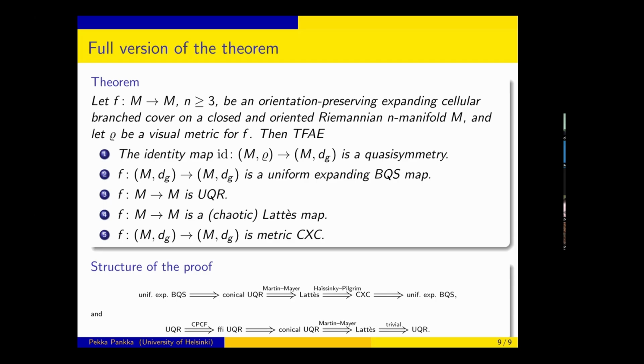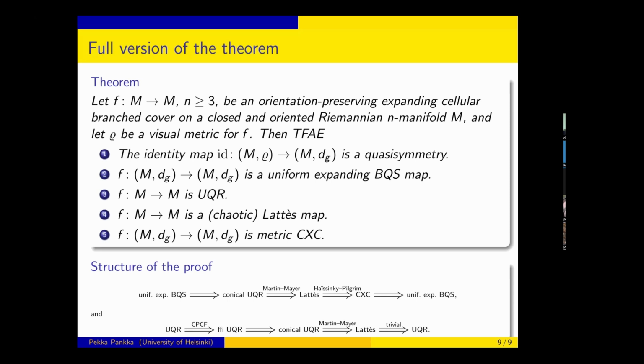It means that in dimension 4 the game is open, so we don't know what is going on in that respect, and we also don't know what is happening in lower dimensions. Whenever you have UQR dynamics, you also have lattice dynamics.